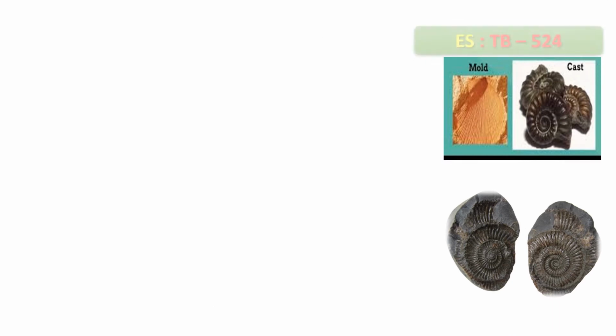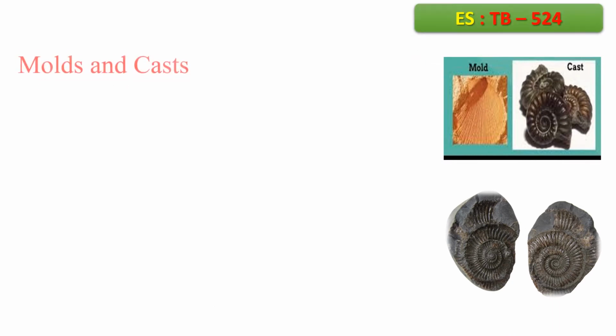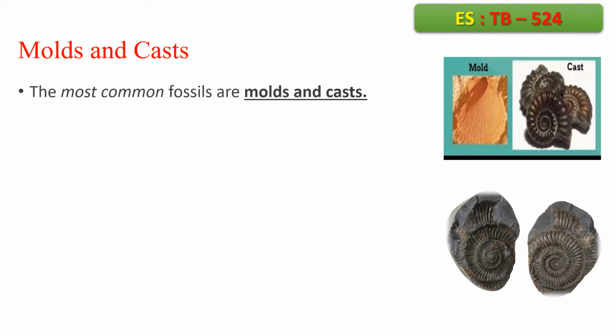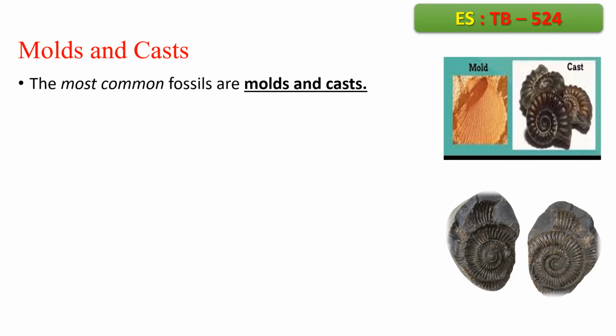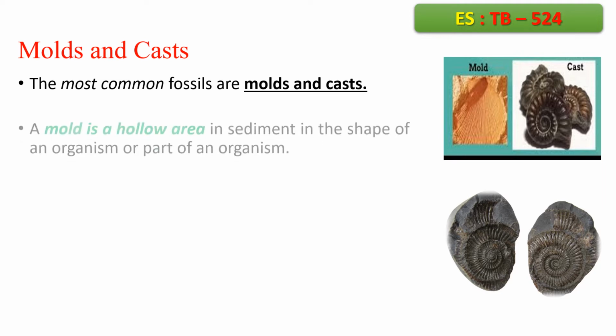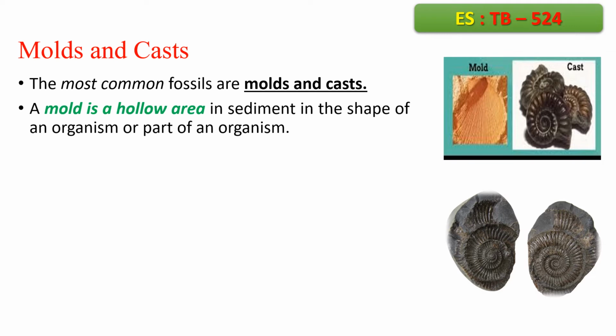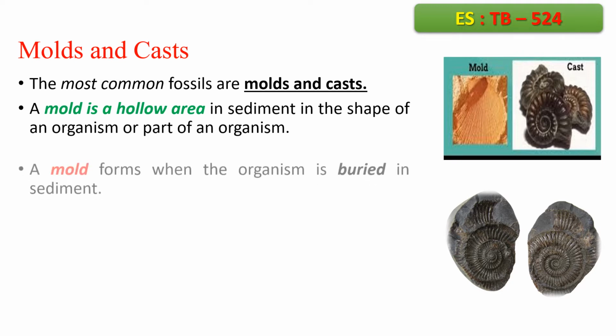Now let us explain molds and casts. The most common fossils are molds and casts. Look at the diagram, you can see the differences. A mold is a hollow area in sediment in the shape of an organism or part of an organism.